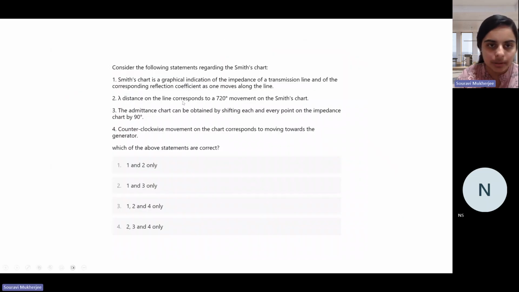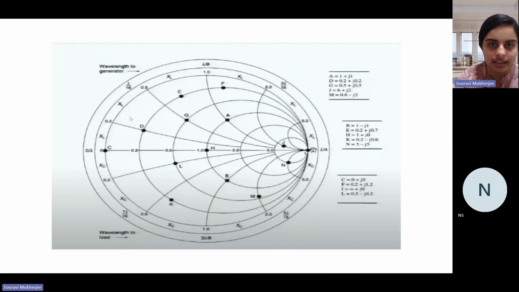Now when we talk about admittance, admittance is 1 by reactance, right? So this 1 by means you are adding a phase of 180 degrees to it, or you can think of it along this line: this is purely inductive, this is purely reactive. Anywhere along this line, suppose at this point, if you look at B, you see something like 1 minus J1, right?